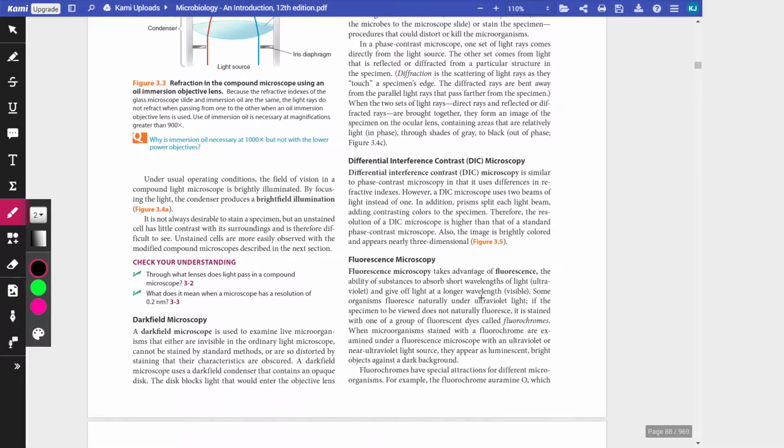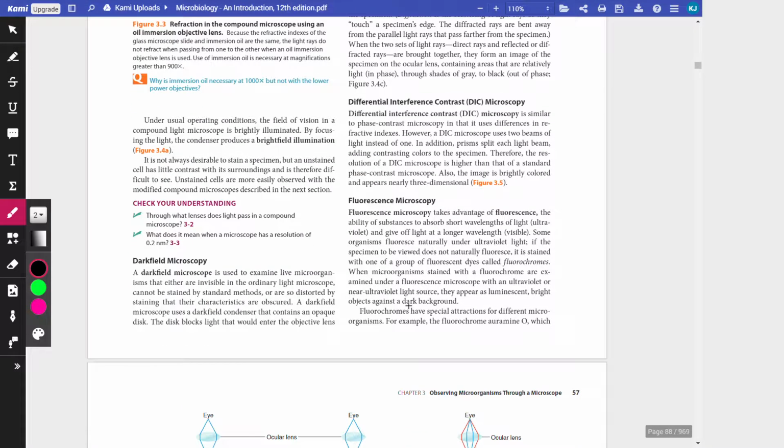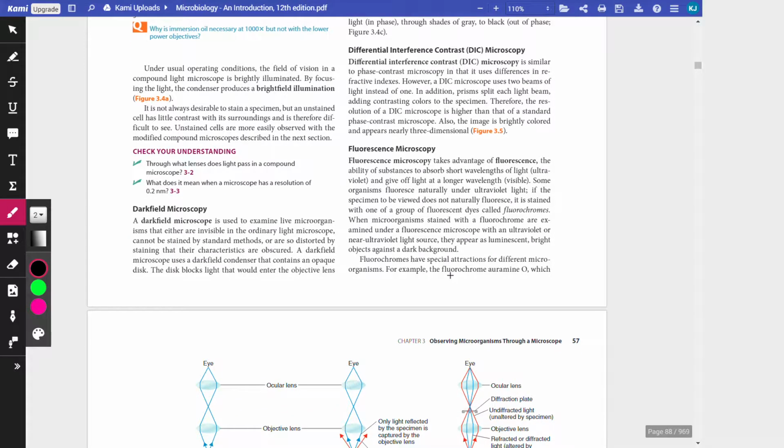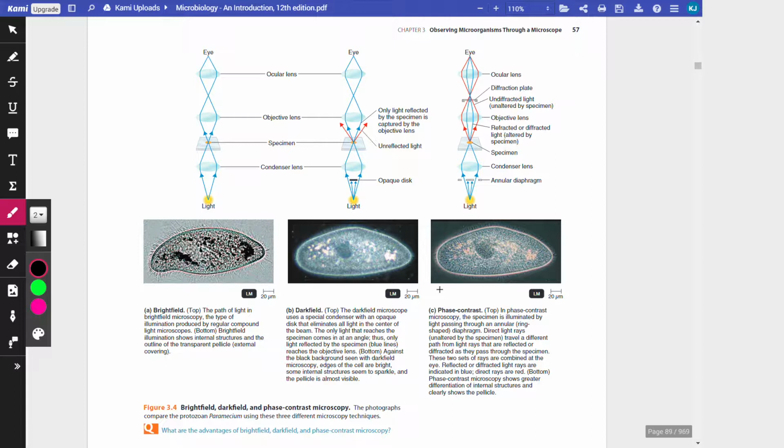We're learning about different kinds of microscopes. You have fluorescence microscopy here. It uses fluorescence to absorb short wavelengths, to understand different types of microscopes and see specimens in different ways. So, as you can see, microscopes aren't always perfect, but different microscopes let you view organisms in different ways.